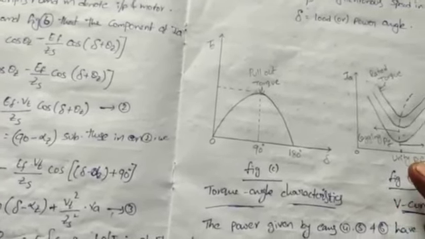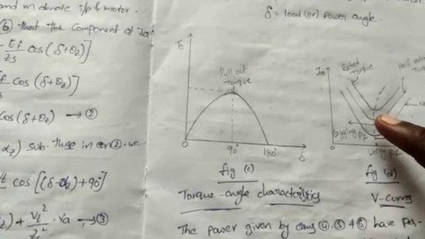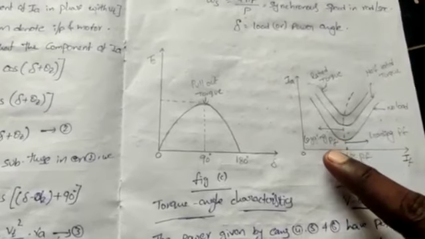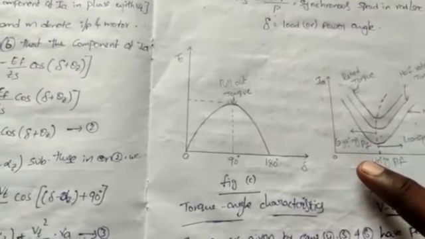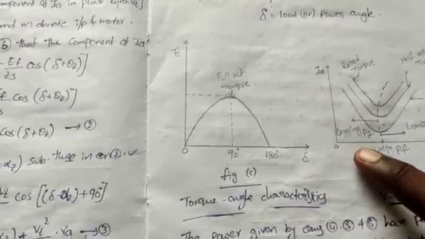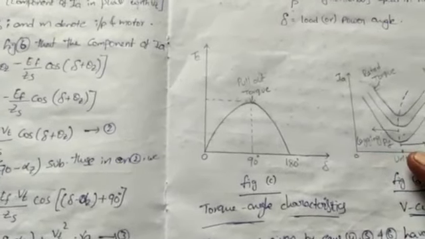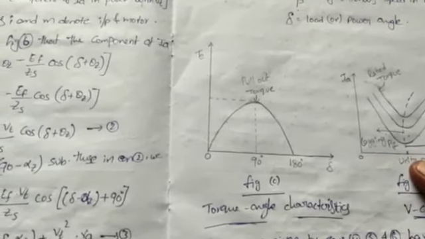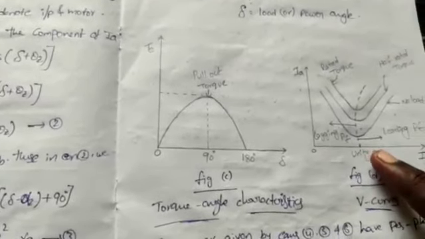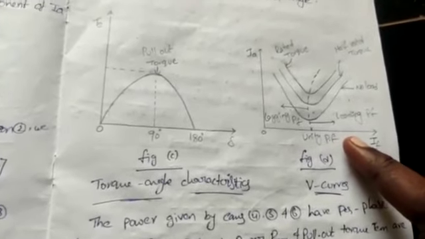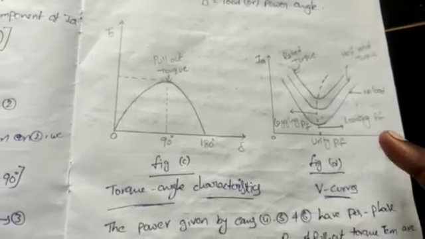The unity power factor curve is shown by a dotted line. For low values of field current, the synchronous motor operates at lagging power factor. As the field current is increased, it starts operating at unity power factor. If the field current is increased still further beyond unity power factor, the synchronous motor begins to operate at a leading power factor.